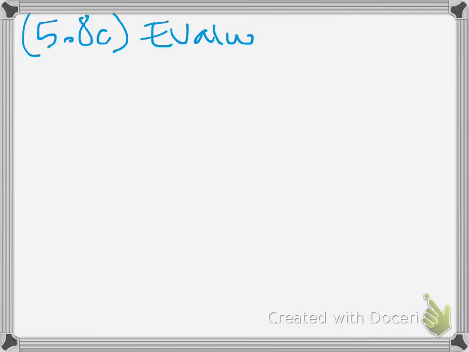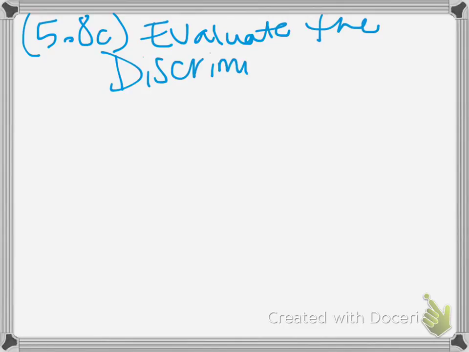All right, so we have 5.8c, which is evaluate the discriminant of a quadratic function.